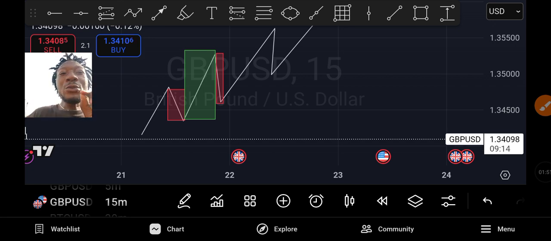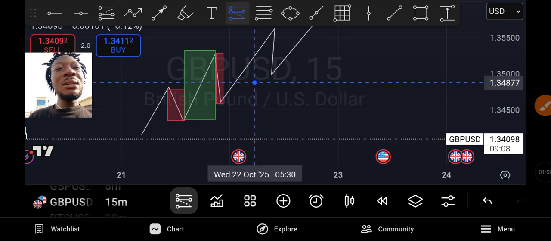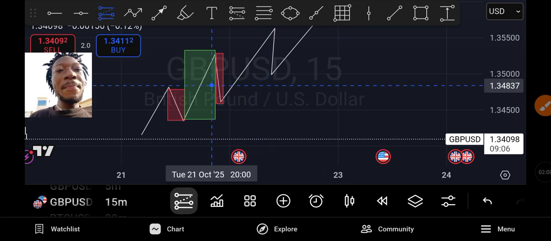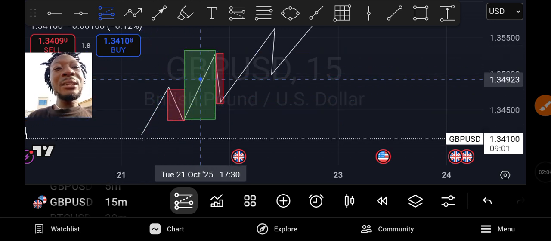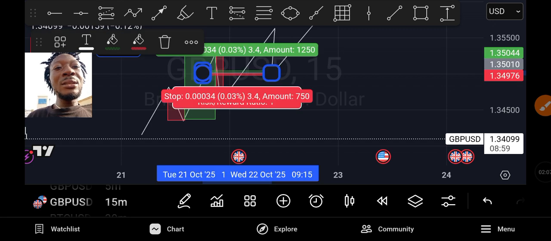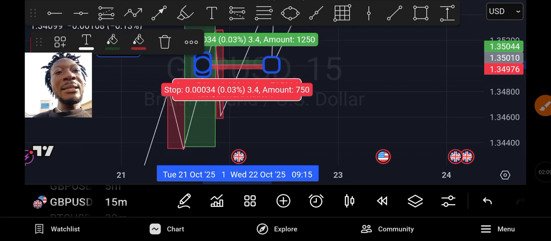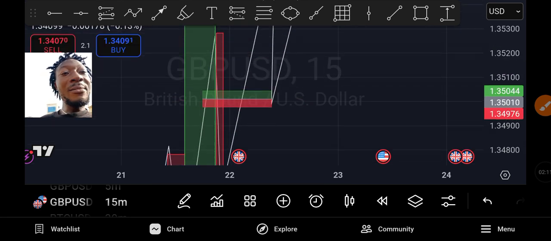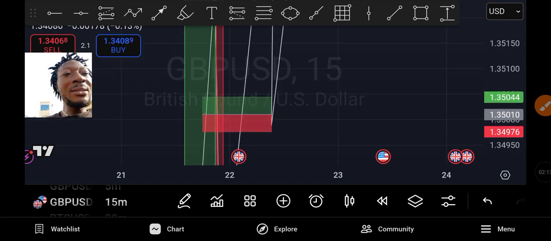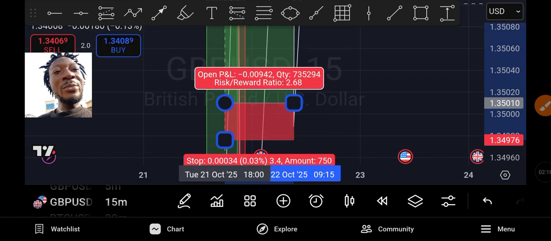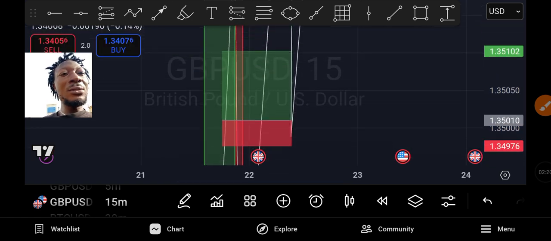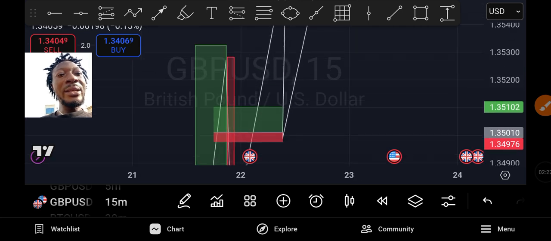Now, for you to catch this original move, say you want to catch it maybe around here. It's an uptrend, right? It's moving. You want to catch it here, and you catch it. Let me make it very understandable in such a way that on your own you'll be able to do it.